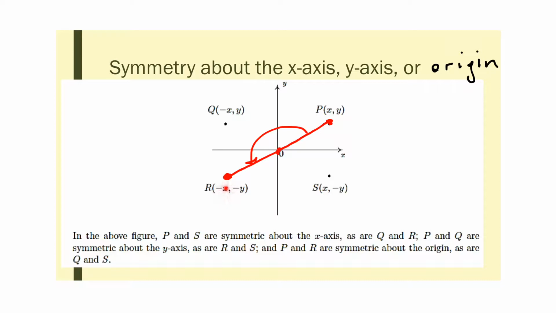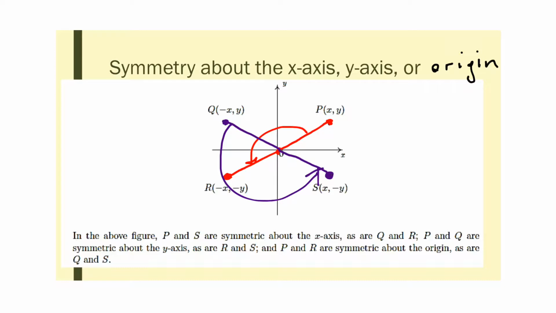So if that's the case, then we could look at these other two dots here. Let's draw another line connecting them to the origin. If I rotated this dot 180 degrees about the origin, it would wind up on this dot. So Q and S are symmetric about the origin as well.